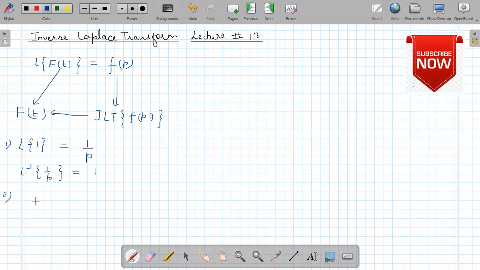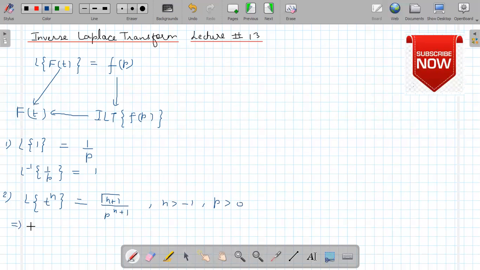Similarly, we know that Laplace transform of t raised to the power n is gamma(n plus 1) divided by p raised to the power n plus 1, where n is greater than minus 1 and p is greater than 0.